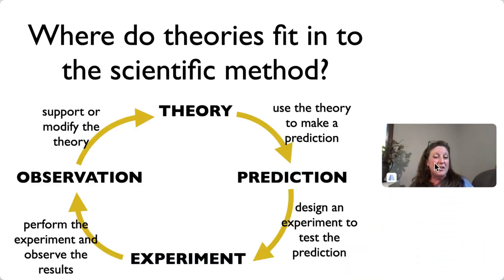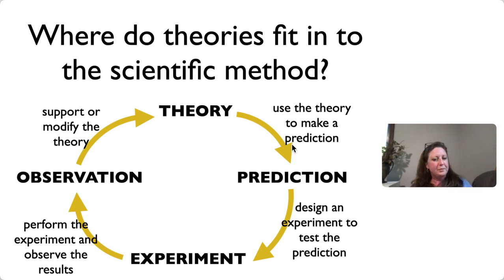So where do theories themselves fit into the scientific method? If I have a theory that all things are made of cells, for instance, then I might use that theory to make a prediction. If I put this one cell into a broth with all the nutrients that it needs and wait a little bit, then it'll turn into two cells.